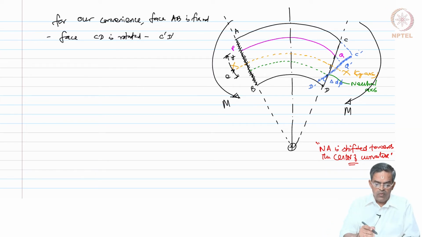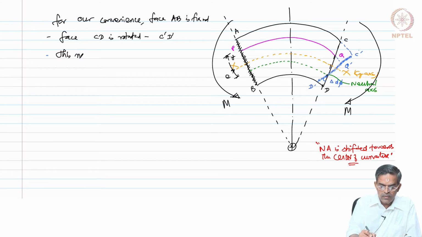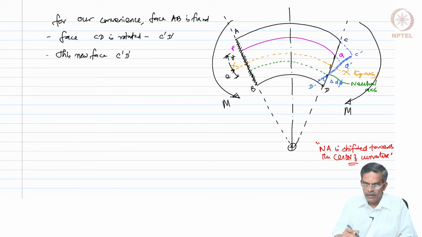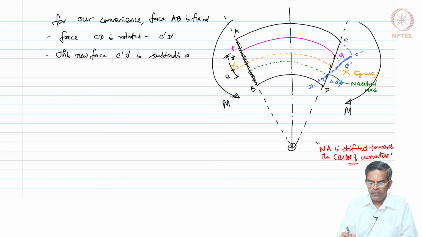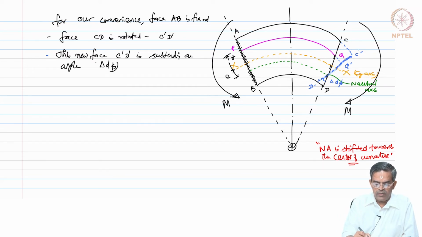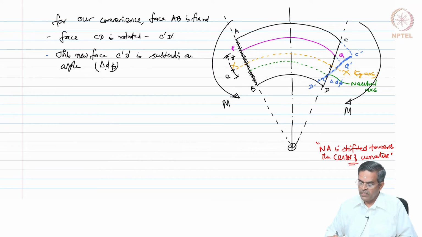Okay. Now, this new face C dash D dash is subtending an angle delta d phi as marked.